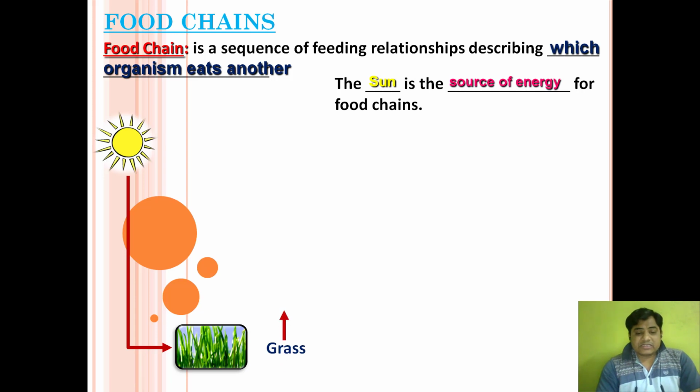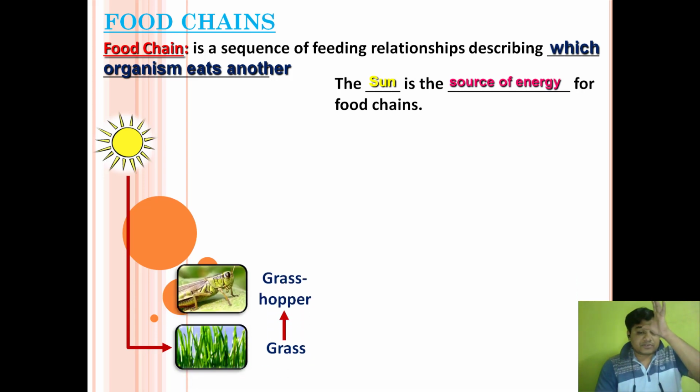So when the sun shines, the producer, the grass or the green plants, produce their own food by using sunlight, CO2, and chlorophyll pigment, and that process is called photosynthesis.